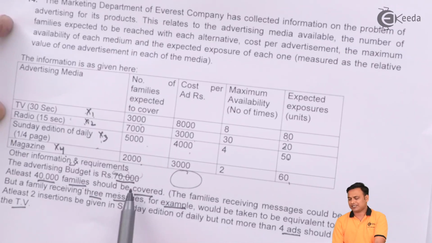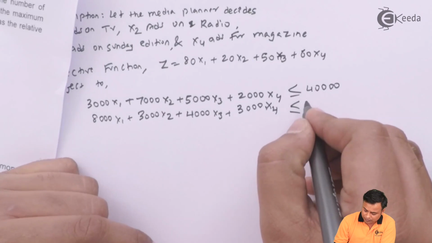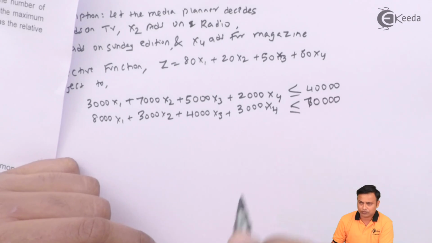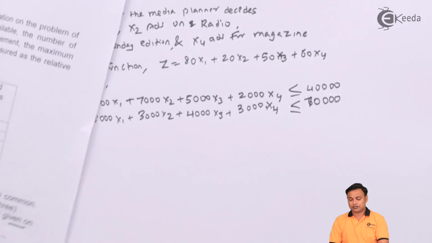The advertising budget is 70,000, so I can't spend more than 70,000 on this aspect. This is my budget constraint.